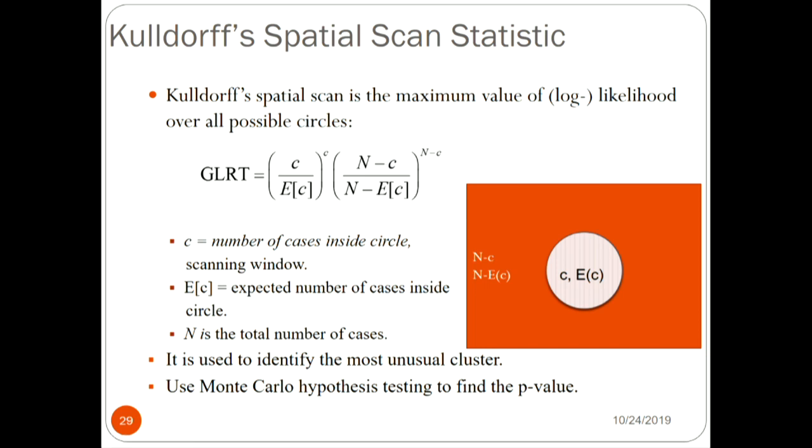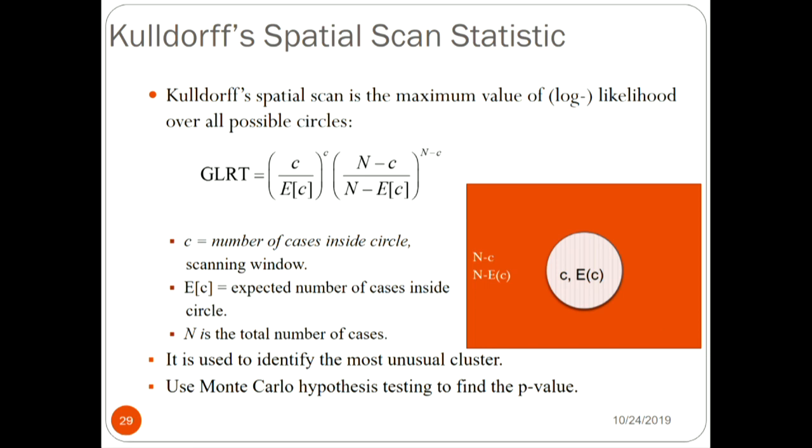In the cutoff spatial scan statistic, we have an infinite number of circles. For each circle, we calculate the observed count C inside the circle and the expected count inside the circle, and then the observed count outside the circle and the expected count outside the circle.